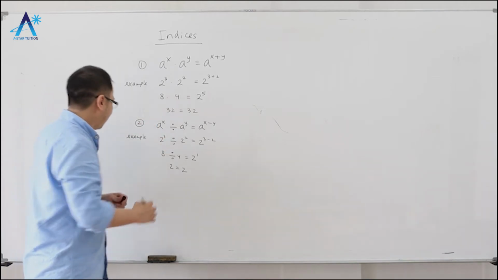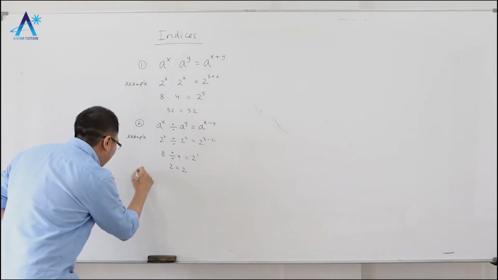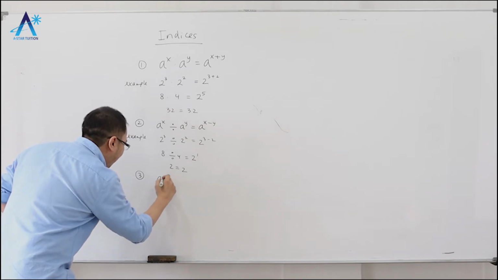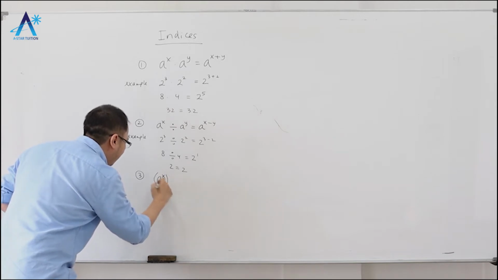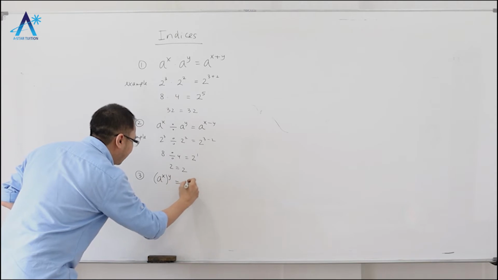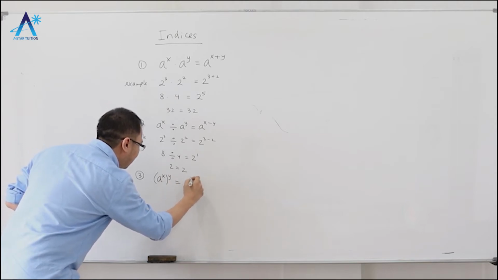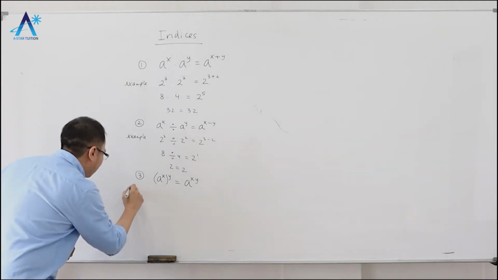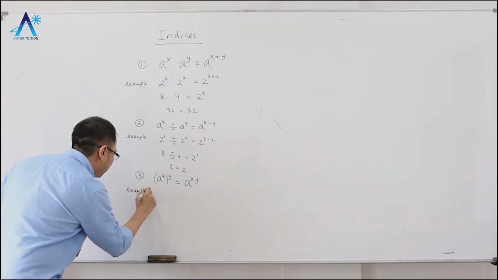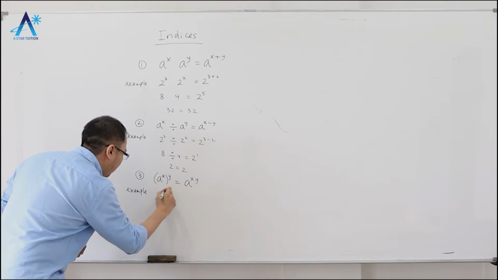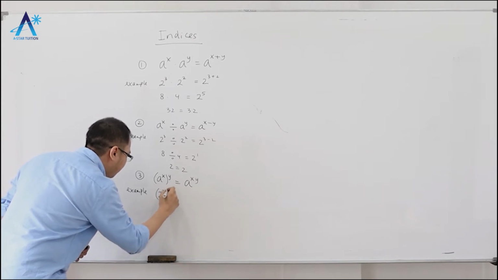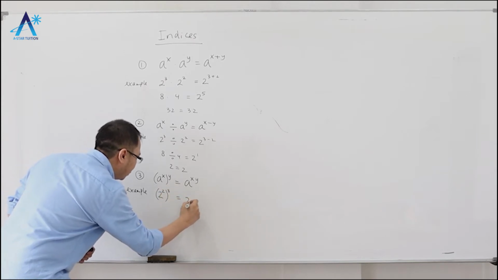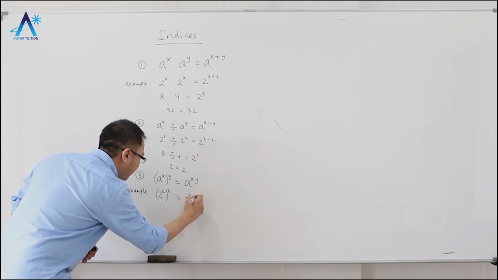The next one, rule number 3. a to the power of x to the power again of y is equal to a to the power of x times y. Example, 2 squared to the power of 3 is equal to 2 to the power of 2 times 3 here.